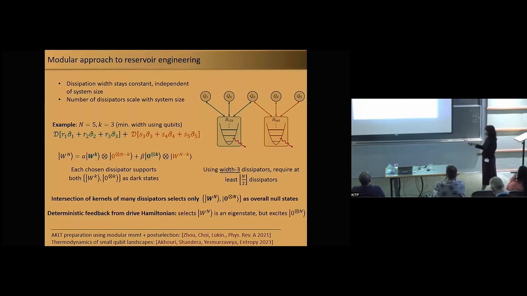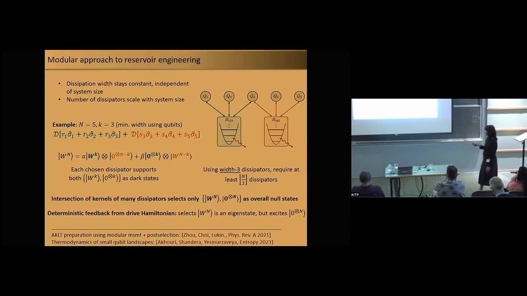And that's because the W state of the first 3 qubits is not in the null state of qubits 3, 4, 5. So when you take this kind of Venn diagram approach to dissipation engineering, the intersection of the various kernels, meaning the null space of the dissipators, only selects the joint W state and the joint ground state as the overall null states.